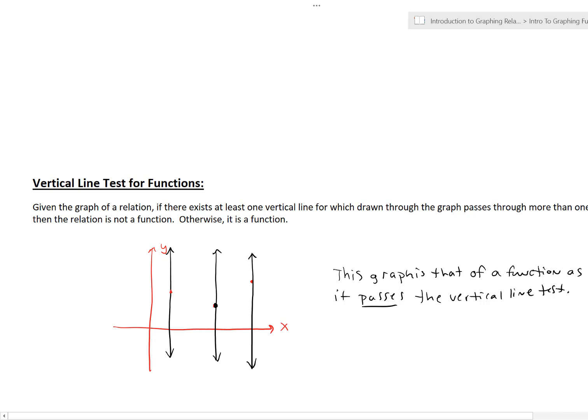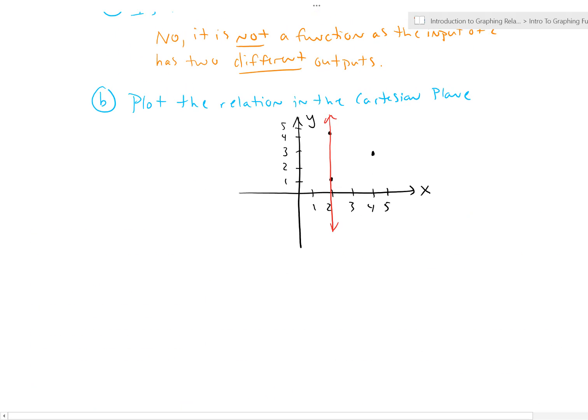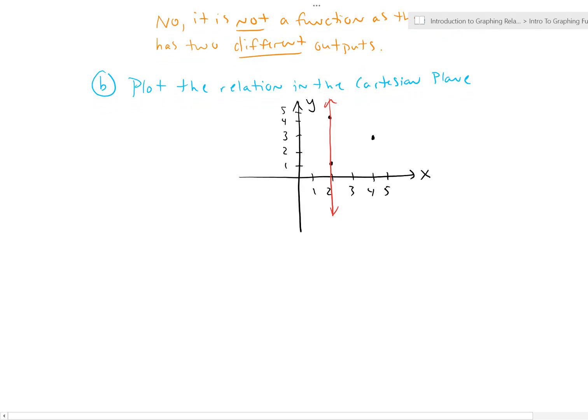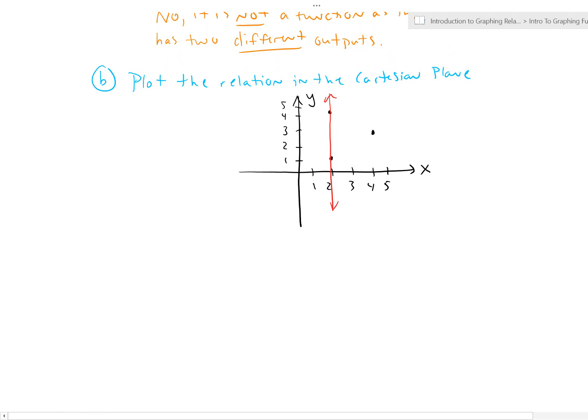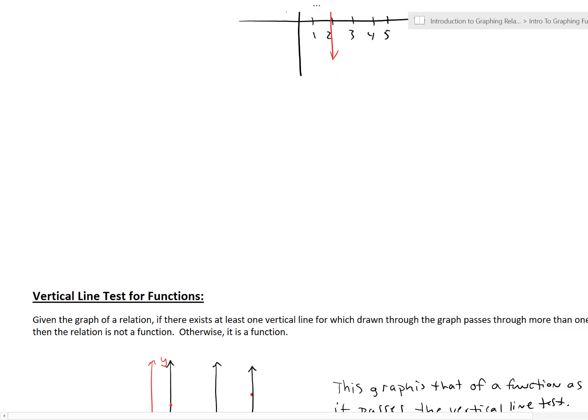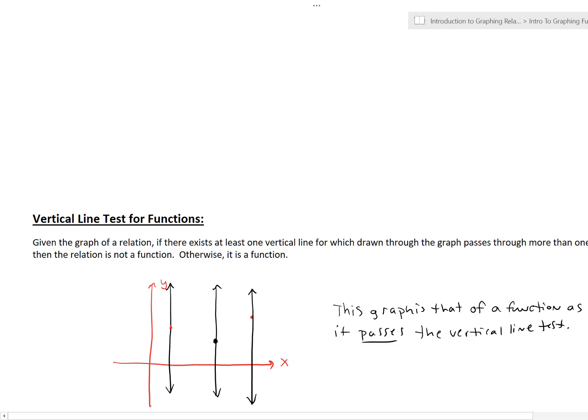If it did something like above in this example, we would say that it failed the vertical line test, so it's not a function. So it's as easy as that given the graph. Your explanation for whether or not it's a function can now be based on the vertical line test. And that's your little intro on graphing sets of ordered pairs. We're going to get way more gangster with this as we go along, but for now that's your introduction.